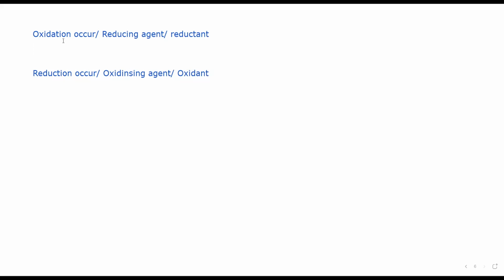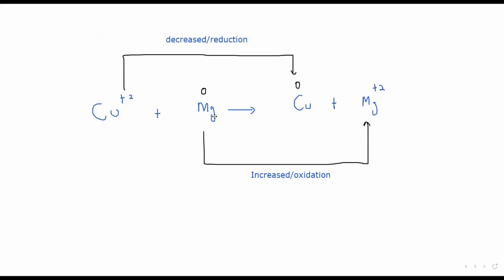So where oxidation occurs, we call that a reducing agent. Where reduction occurs, we call that an oxidizing agent or oxidant. So for example, copper plus 2 becomes copper 0. So it means reduction happens. If reduction happens, is this an oxidizing agent or reducing agent?